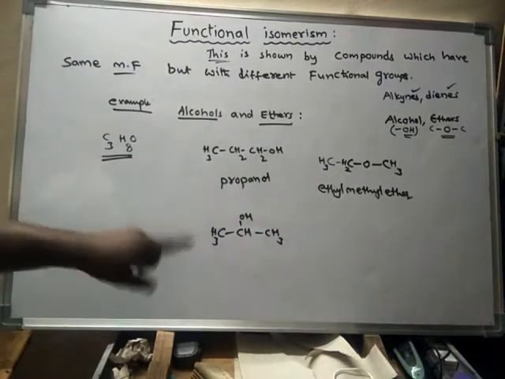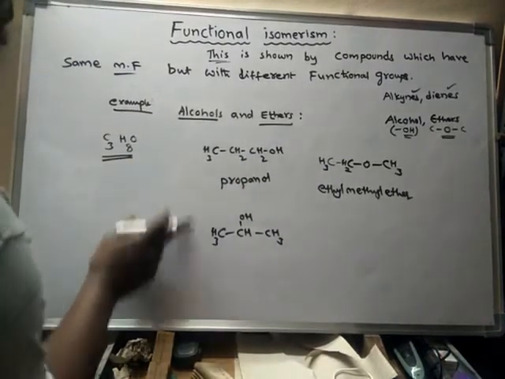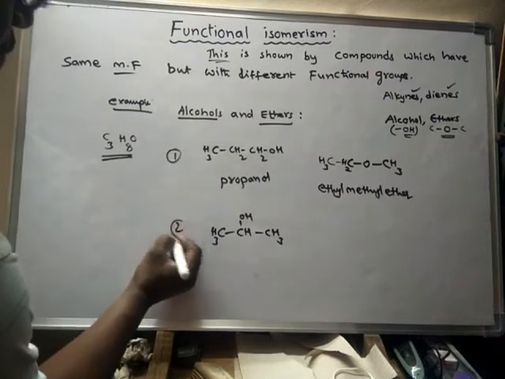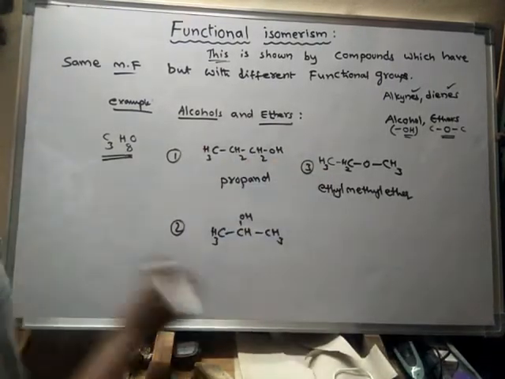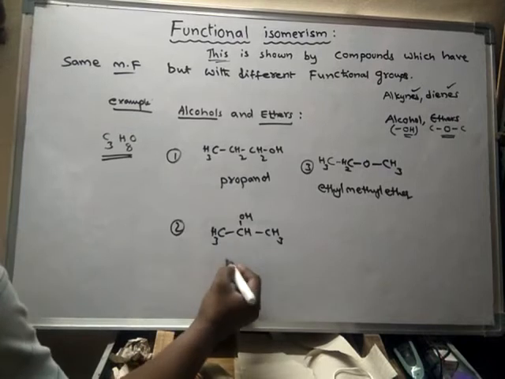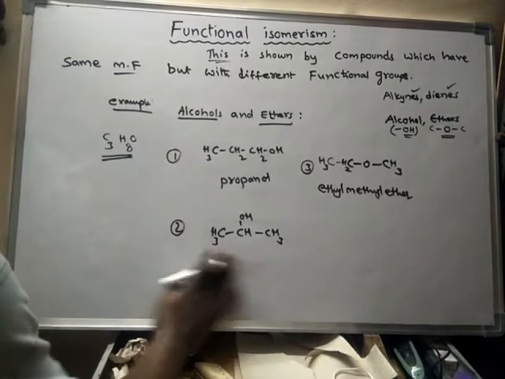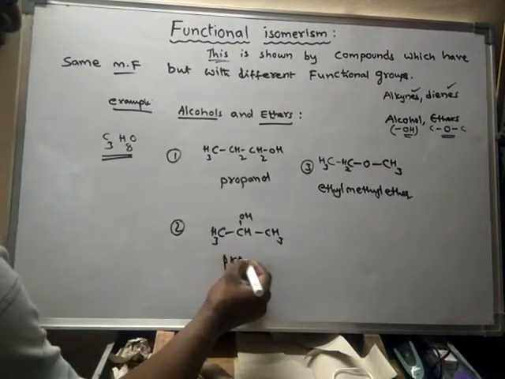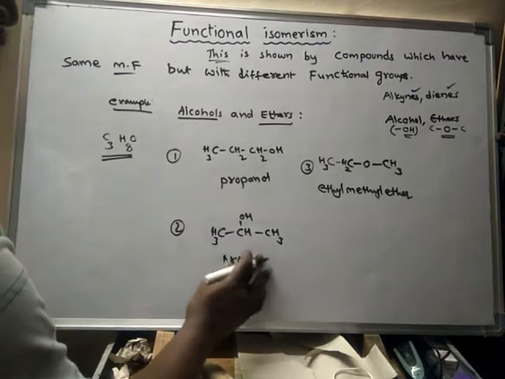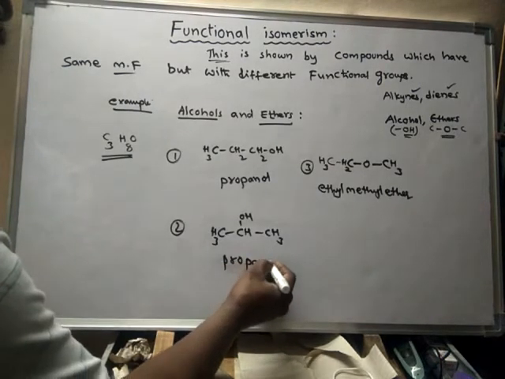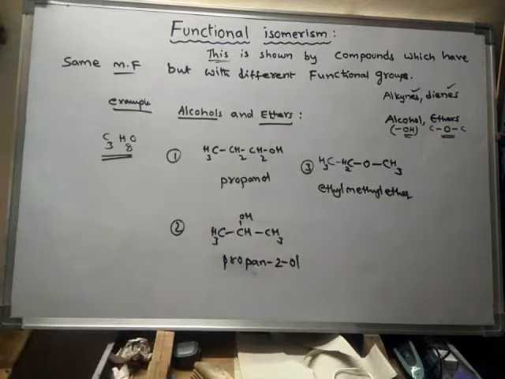But these two are this one and this one. So this is 1, this is 2. Let us think this is 3. What is the name of this one? Propan-2-ol.